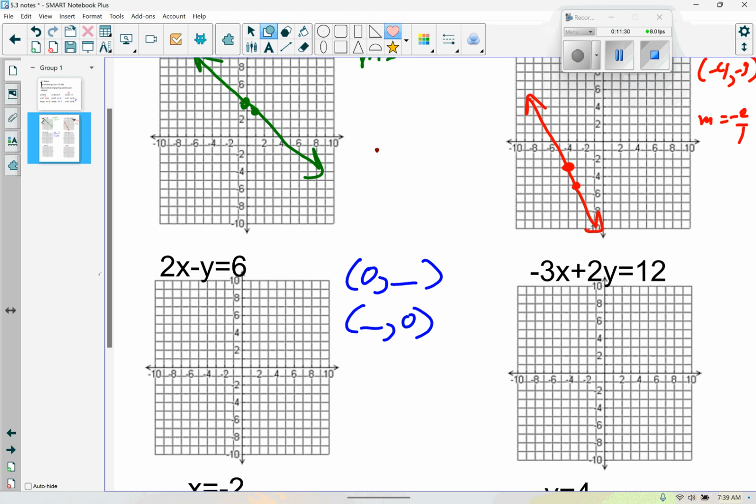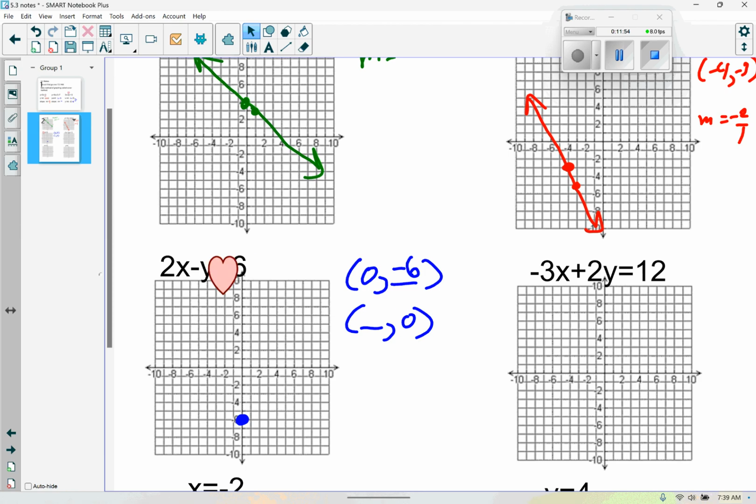And we're going to use our heart again. So this right here is an x value, so I'm going to cover that up. So negative y times what number gives me 6? That would have to give me negative 6. So 0, negative 6 is down here. Now I'm going to use this same dot.